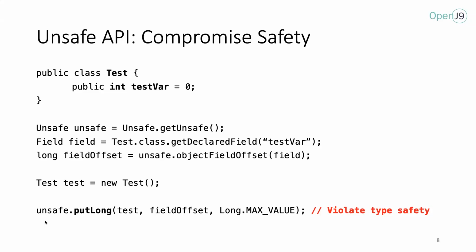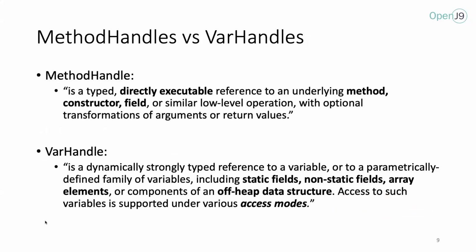And when we look at VarHandle, we will see how these safety issues are addressed and how VarHandles make the JVM safer. So what's the difference between a method handle and a VarHandle? A method handle is a typed, directly executable reference to an underlying method, constructor, or field, whereas a VarHandle is also a typed reference, but it only focuses on fields, array elements, and off-heap data structures, which correspond to memory addresses.